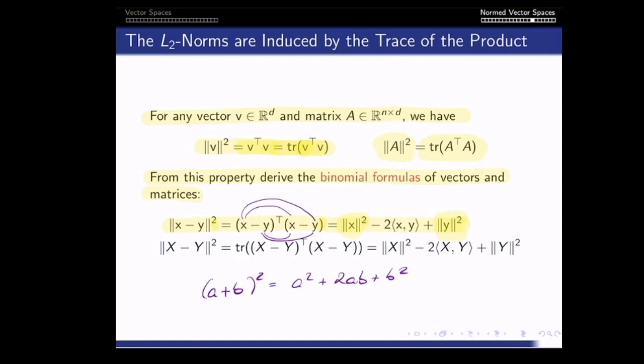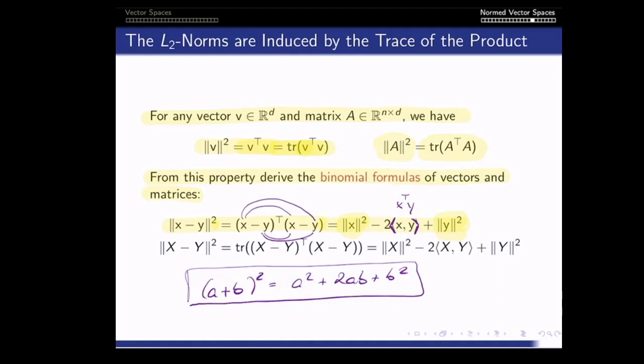And then in the middle we have here the inner product of x and y. I don't know if we have defined it like this with these angles, right? But this is also a notation for the inner product. So here we have x transpose times y. And then you see this is basically a similar shape to the binomial formula.